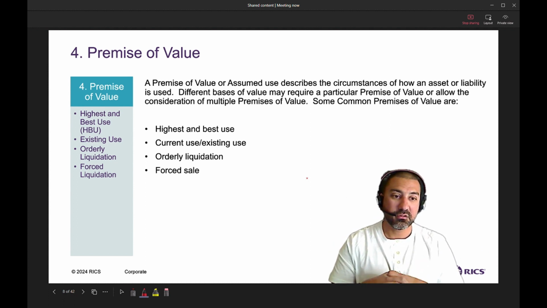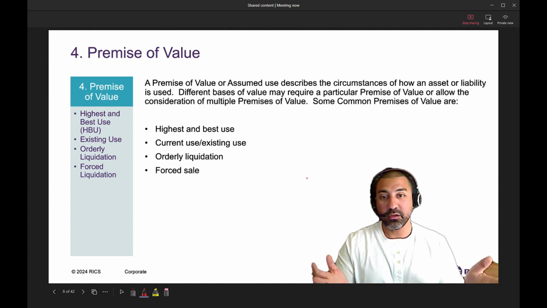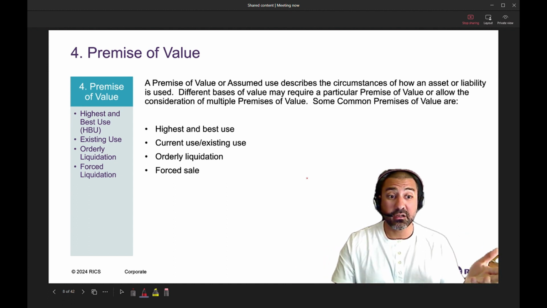So you can come to the owner and say, by the way, your plot of land is worth a lot more than the factory. So I'm going to be valuing it as highest and best use, because a reasonable buyer most likely is going to buy this old factory, knock it down, and construct a commercial property that's worth a lot more in that region or that country. So if the premise of value of that factory is highest and best use, a commercial plot of land, then you're actually valuing a commercial plot of land. You're not valuing a factory, right?